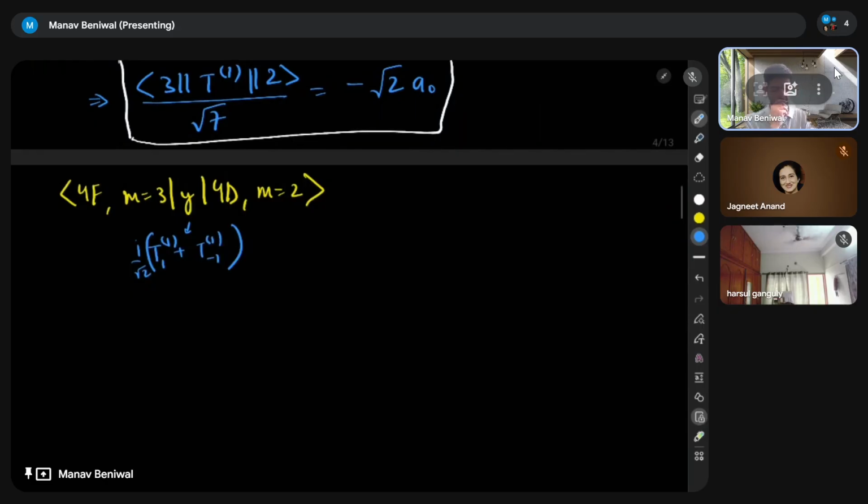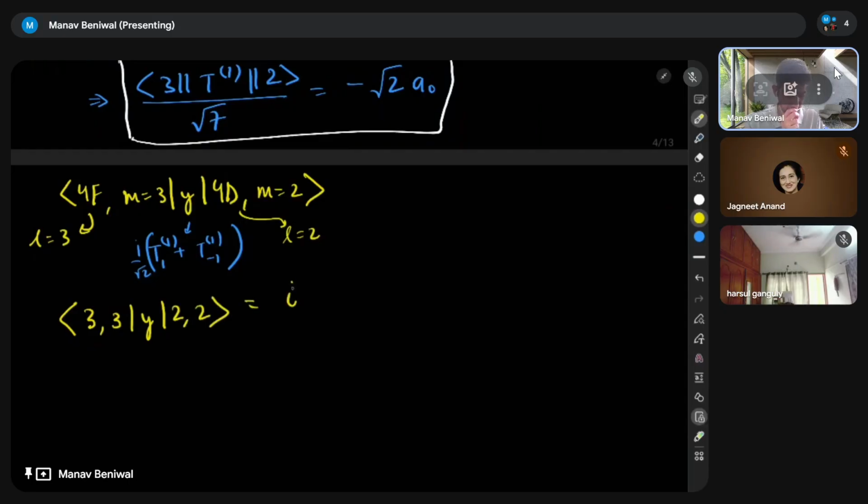Okay, so when we apply the Wigner-Eckart theorem to this thing, it will have two terms, right? Because this is f, the corresponding L will be 3, and here the corresponding L will be 2. So this will become 3 comma 3 y 2 comma 2, and we will take iota by root 2 outside, and this will then have two terms.